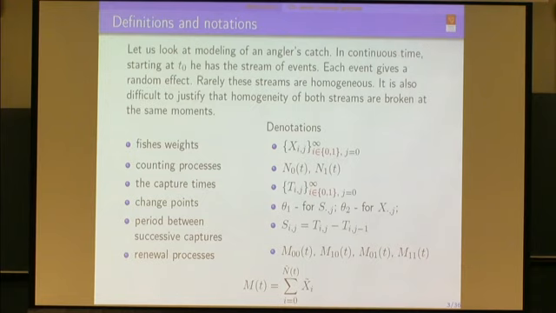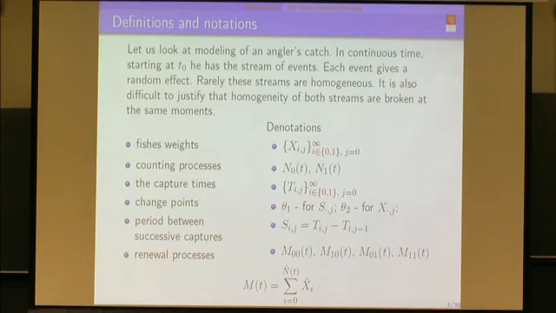There are two, because I assume that in some moments this stream changes rapidly, and also the weights change.